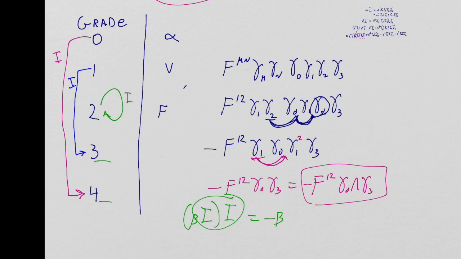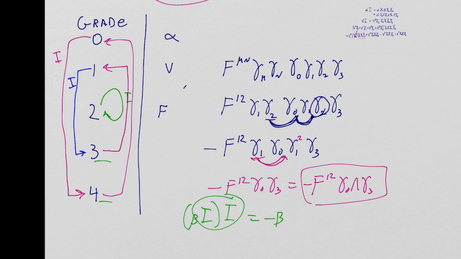So objects of grade 4 go back into objects of grade 0. Likewise, you'll see objects of grade 3 go back into objects of grade 1. So this process is a duality process.